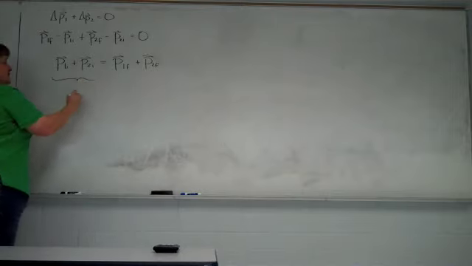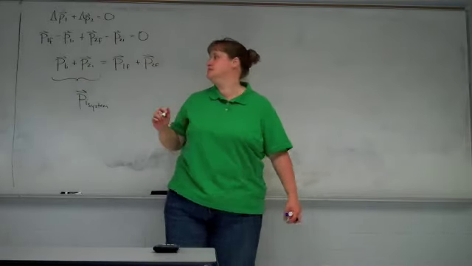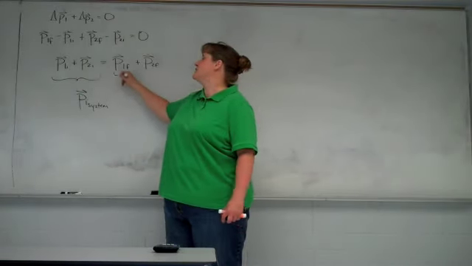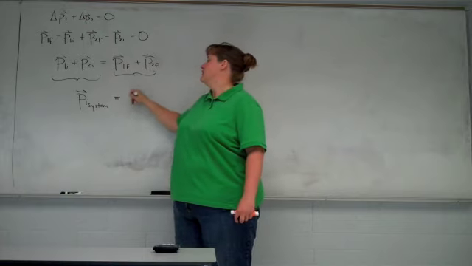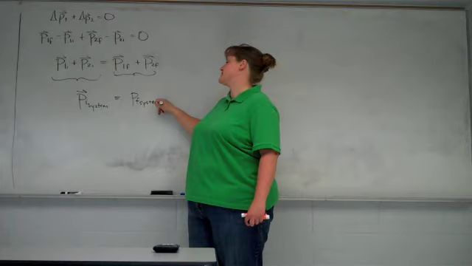This is the initial momentum of our system. So the initial momentum of every object in our system has to equal the final momentum of every object in our system.